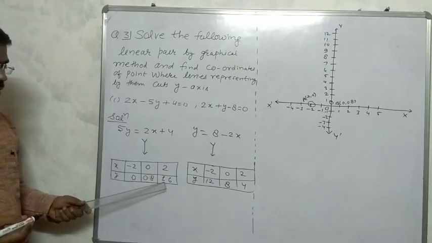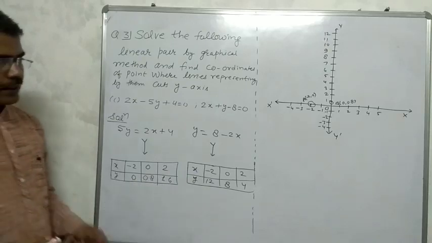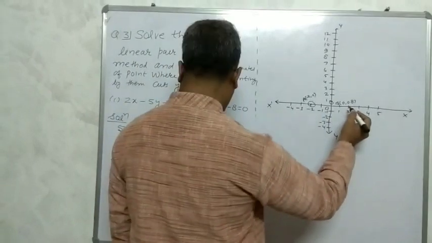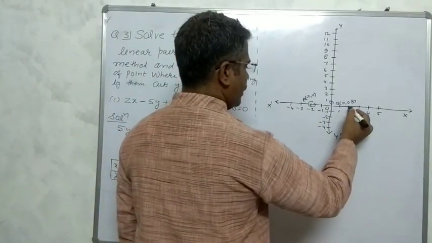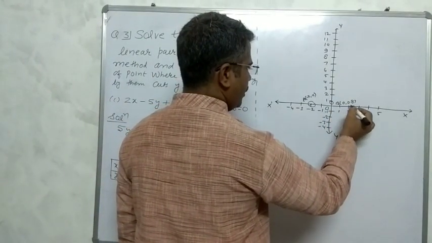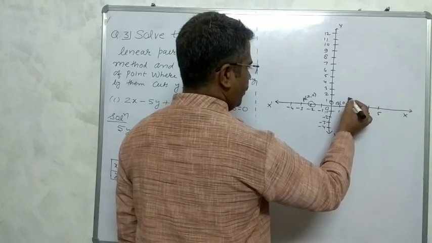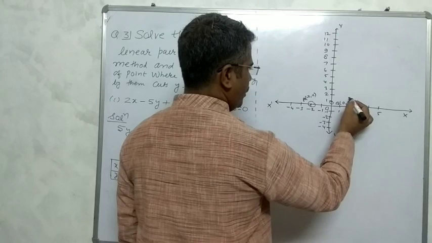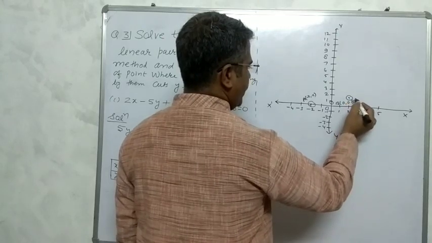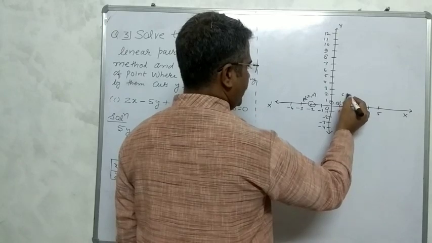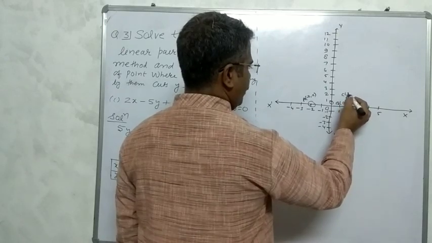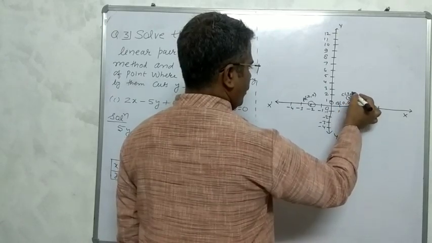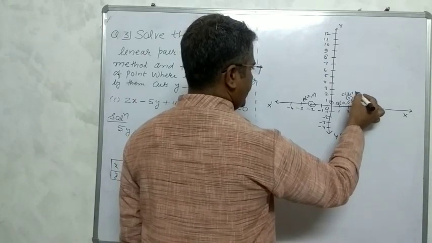Then 2 comma 1.6, 2 here and 1.6 approximately here. We say that this point is C, 2 comma 1.6.